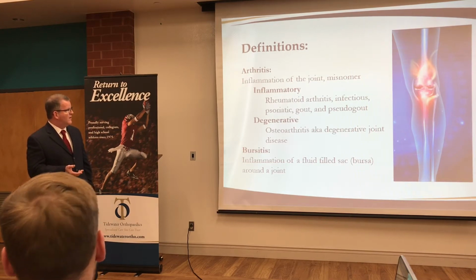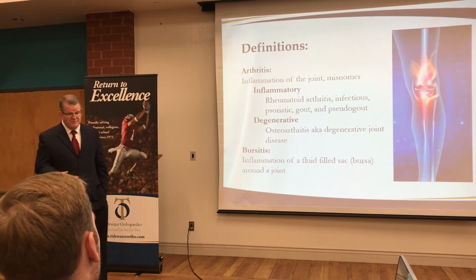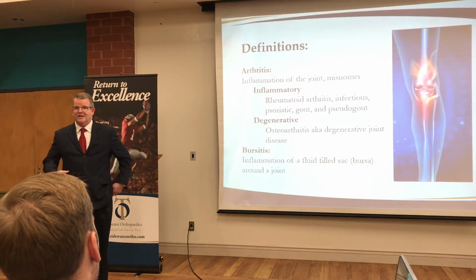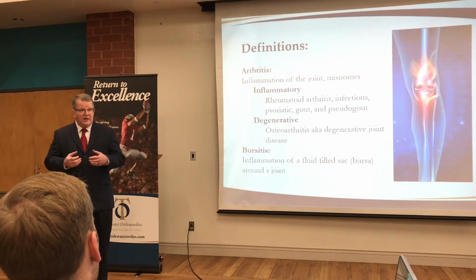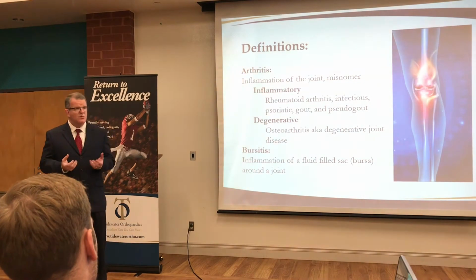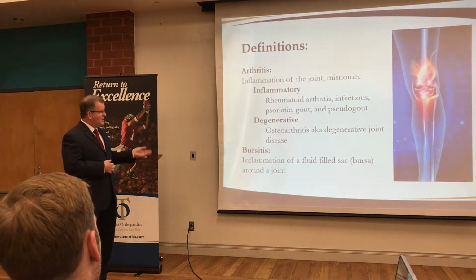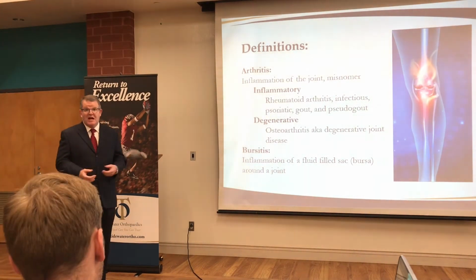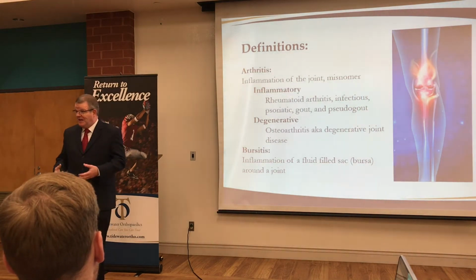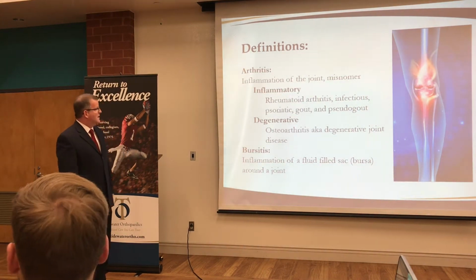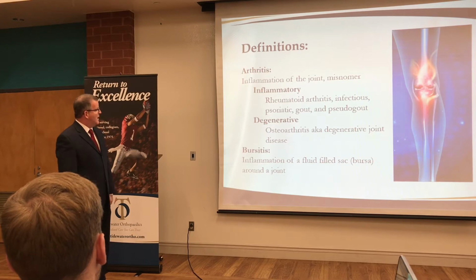Inflammatory arthritis, by definition, means that something's causing inflammation within the knee that causes it to be swollen and painful. Now, people with degenerative arthritis, again, not to be confused, can sometimes have inflammation within their joint and have swelling. But again, they tend to be two separate things.